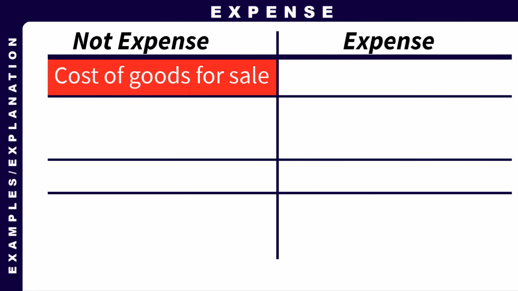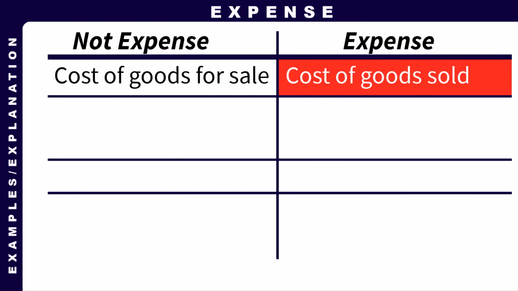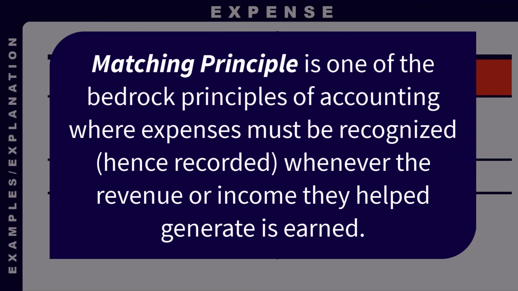On the other hand, when the goods are sold to customers, the cost incurred to purchase those goods will be recorded as an expense. The reason for waiting until the goods are sold is an accounting principle called the matching principle. According to the matching principle, expenses must be recognized at a time or during a period in which they help generate income.